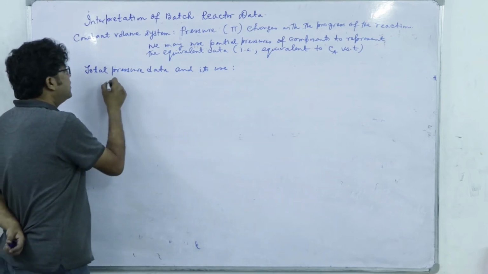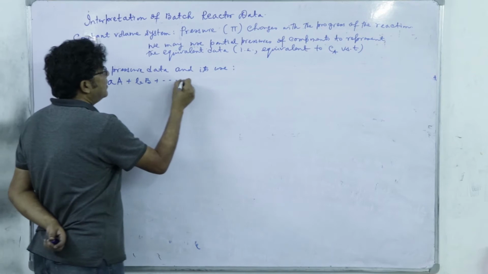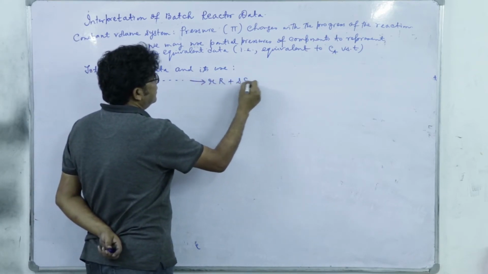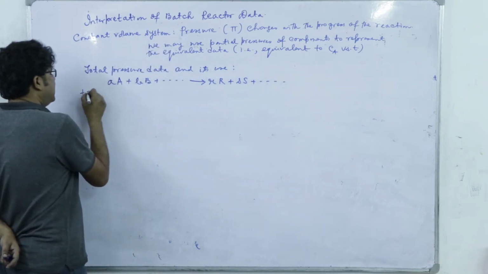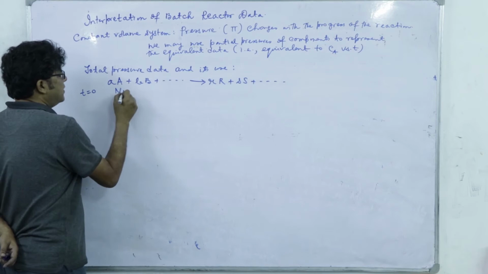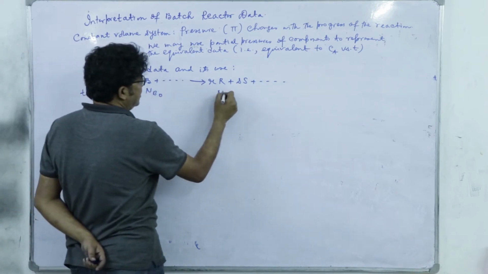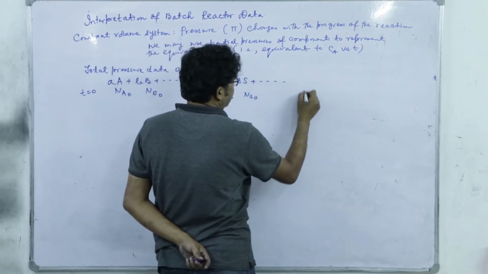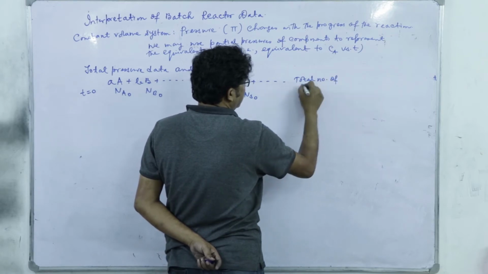of this system. So, aA plus bB giving rR plus sS, etc. Now, at time t equal to 0, let us say the number of moles of A is NA0, this is NB0, NR0, NS0 and N0 the total number of moles.